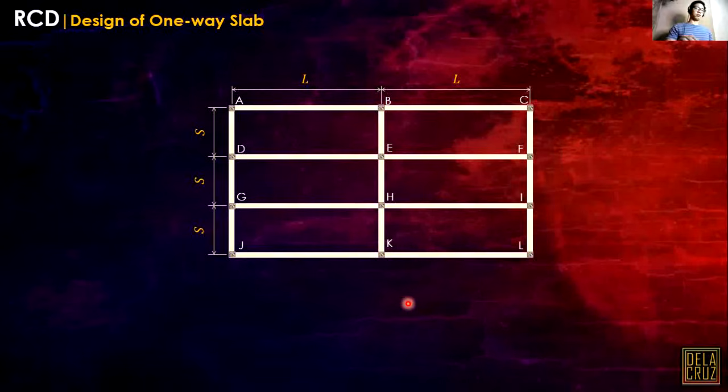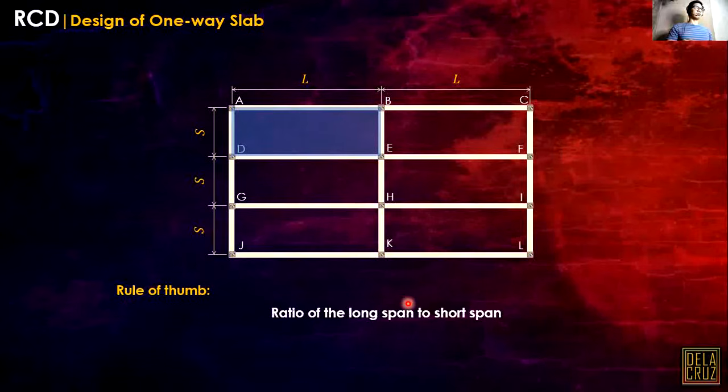Okay, so consider this example. Assuming we will be analyzing the slab A, B, D, E. Okay, so on the rule of thumb, we have to compute the ratio of the long span to the short span. In this case, that will be L over S should be greater than 2.0.